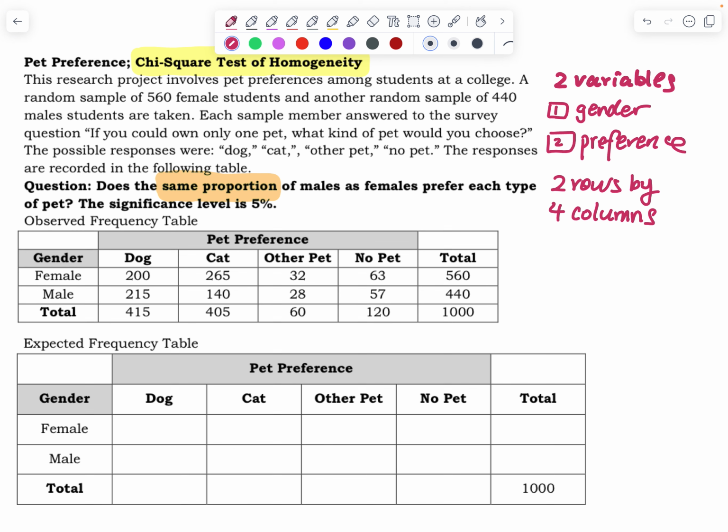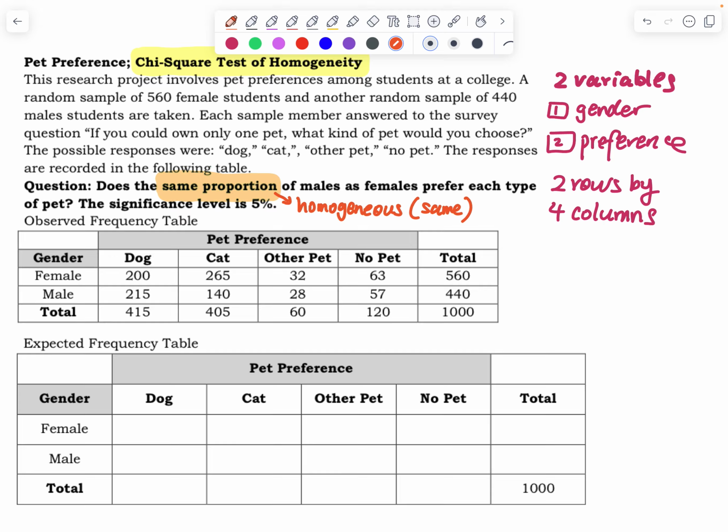All right, and then what else? The question: does the same proportion of males as females? What does that mean? Same proportion means homogeneous. So this same proportion is saying one thing, homogeneous. That means the same.